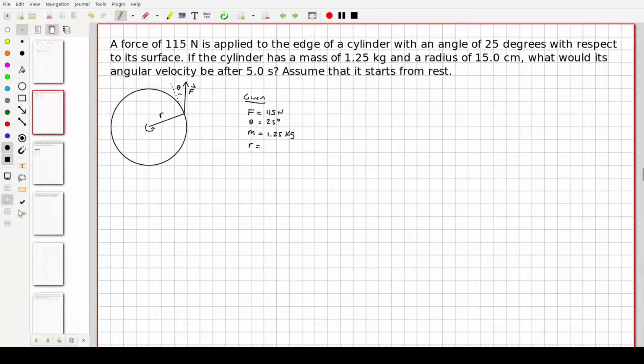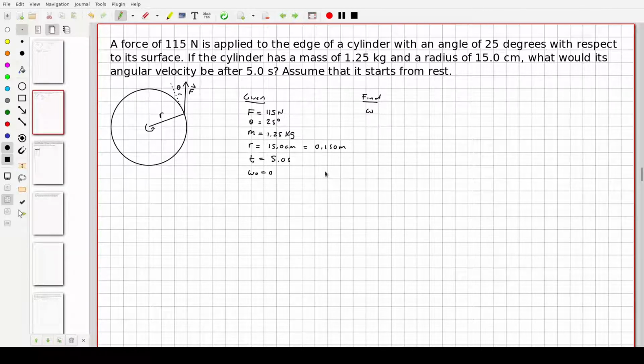Its radius is 15.0 centimeters, or 0.150 meters. And we know we're looking forward 5 seconds. Likewise, the initial angular velocity is 0. Now, what we're trying to find is its angular velocity after 5 seconds.